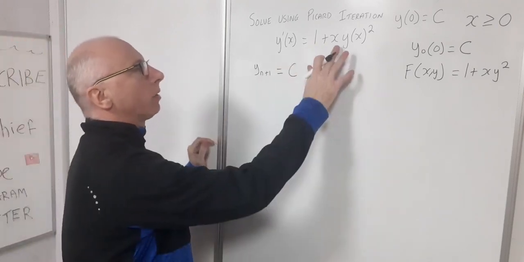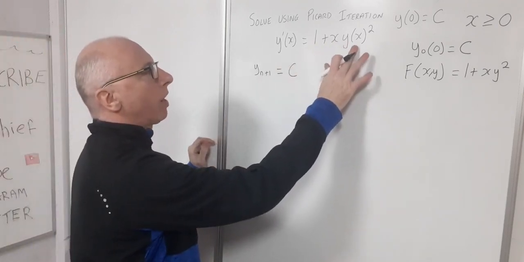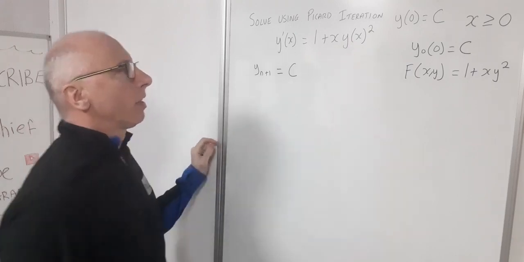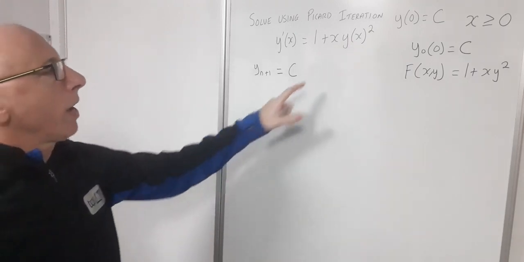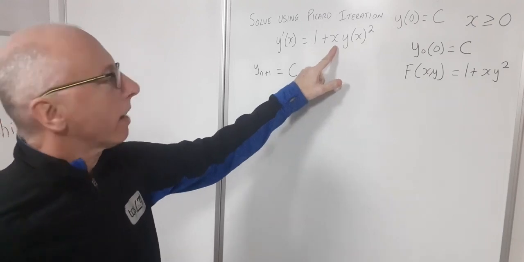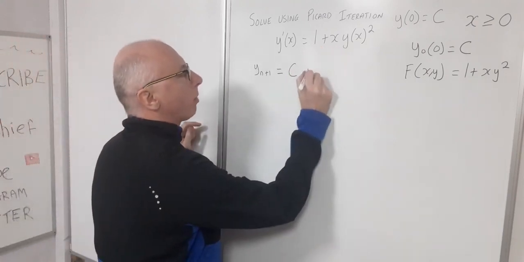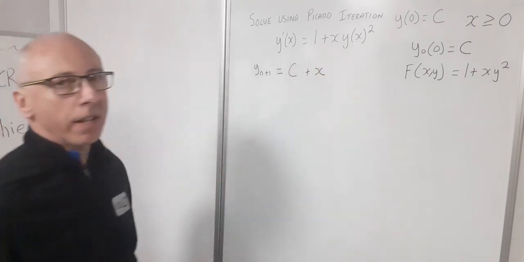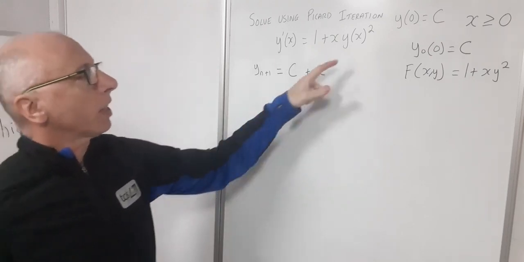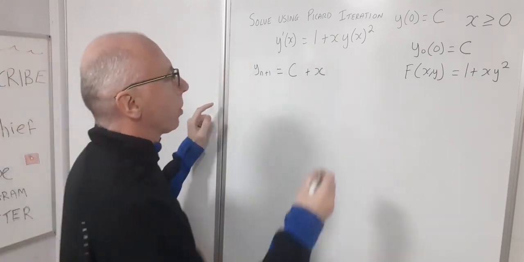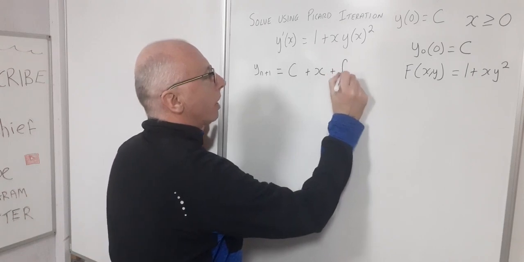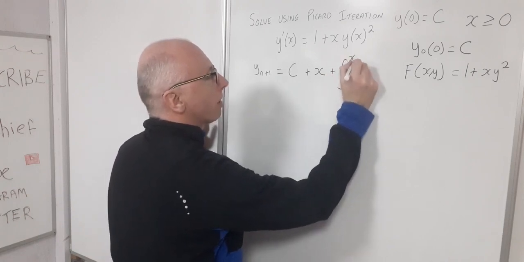Now here we've got x times y of x squared. So here we know x does not equal 0, so the x is not going to disappear. We'll have to keep the x into that one, and then we're going to have to keep integrating our y function. So here we add on the integral from 0 to x.